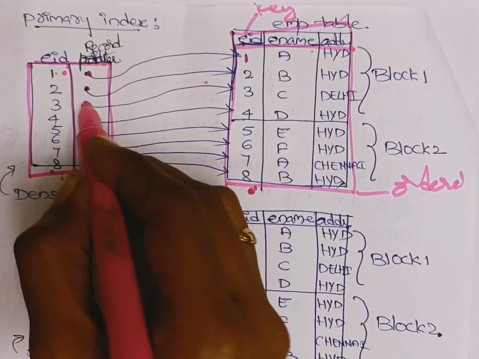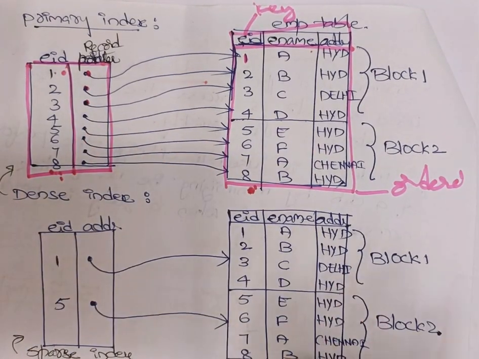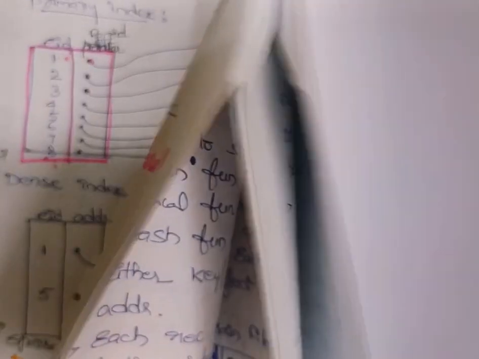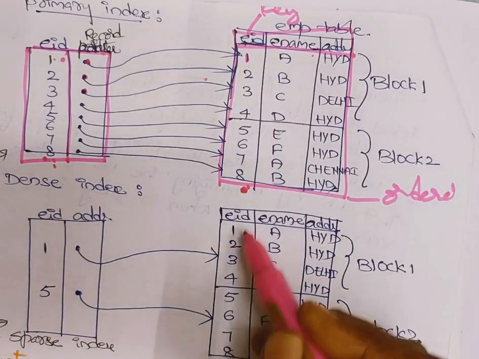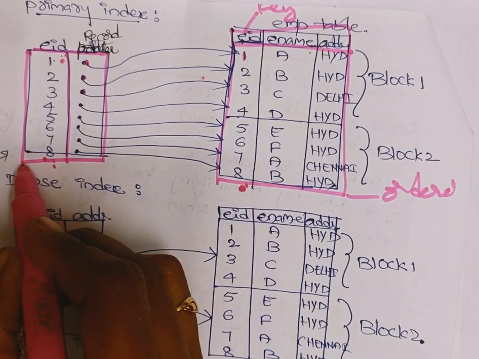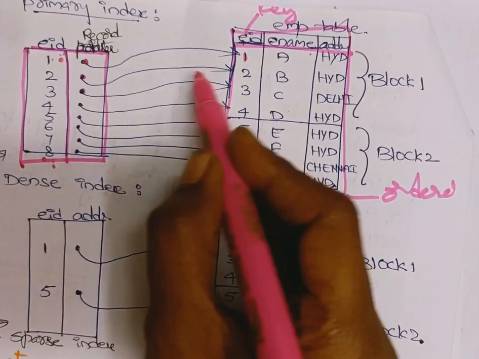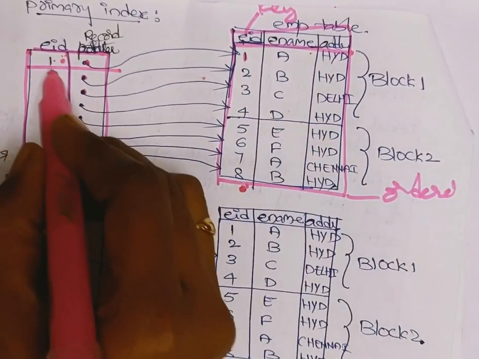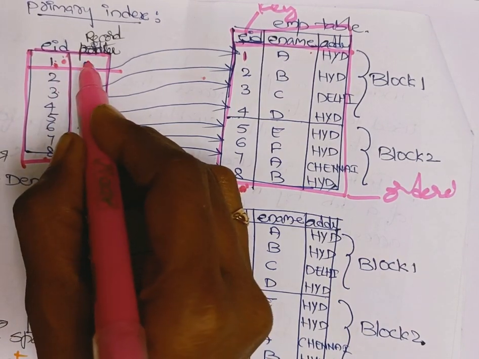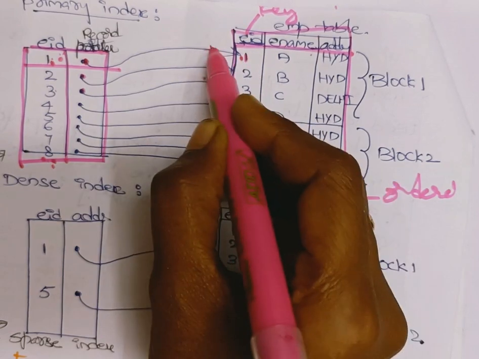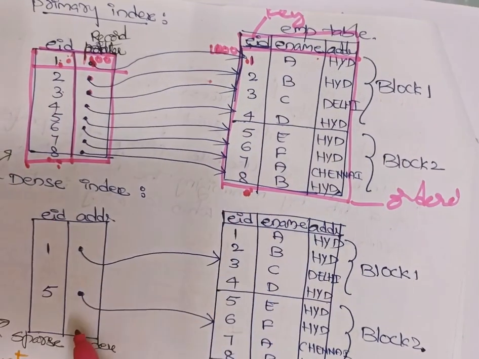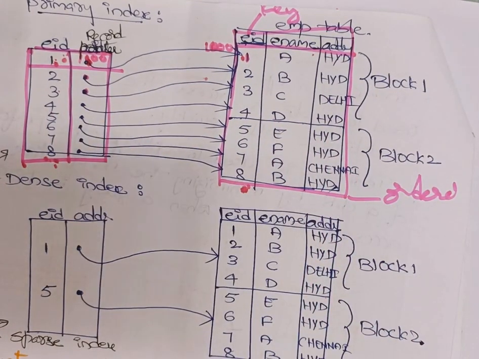The second column contains the address of the hard disk blocks where the key values are stored. In a dense index, each and every record maintains the key value. So here 1, 2, 3, 4 up to 8. Again, for each employee, the address where it is stored is kept. Let's consider 1000. The 1000 address will be maintained here and so on. This is a primary index.